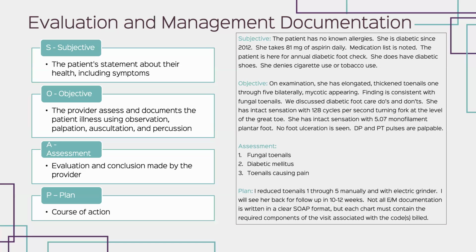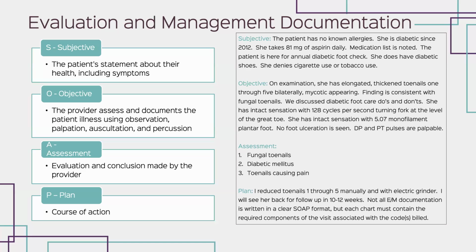The objective is going to be where the provider assesses and documents the illnesses using observation, palpation, auscultation, and percussion. So it's just going to be what was that physical examination that they did. Your A will stand for your assessment, and that's going to be the evaluation and conclusion made by the provider.